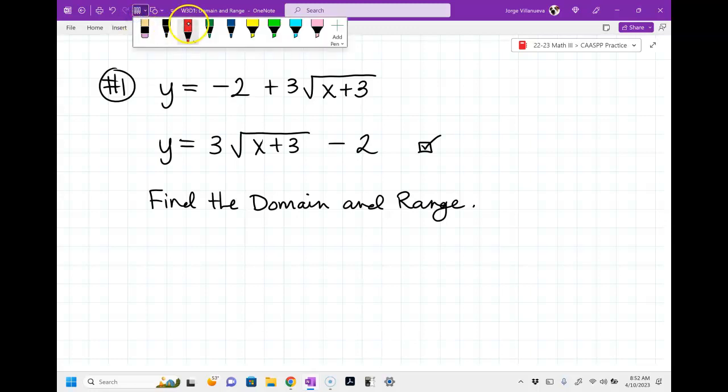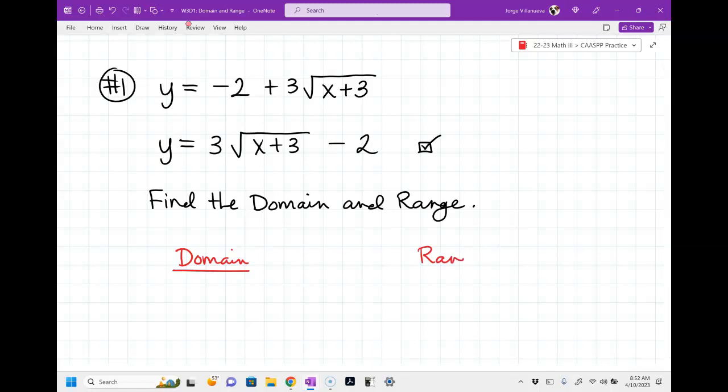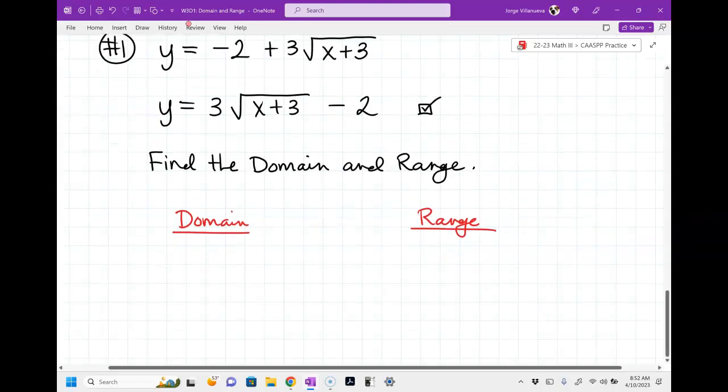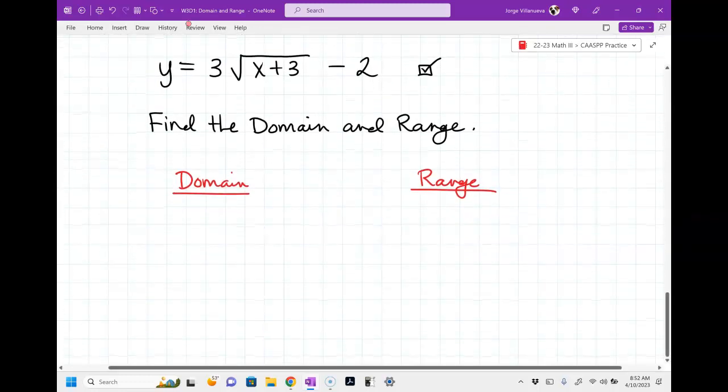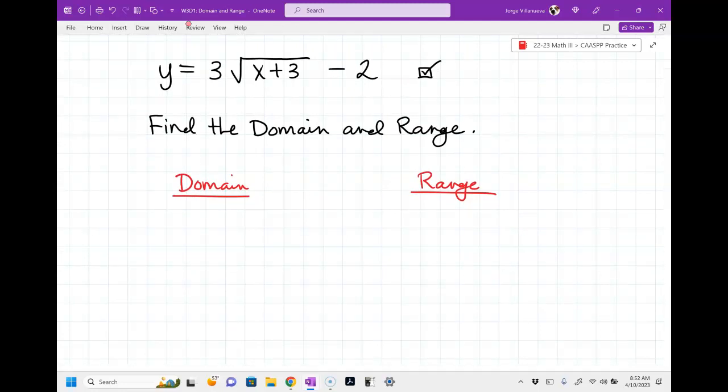Finding the domain and the range. Right, can anybody give me the domain?